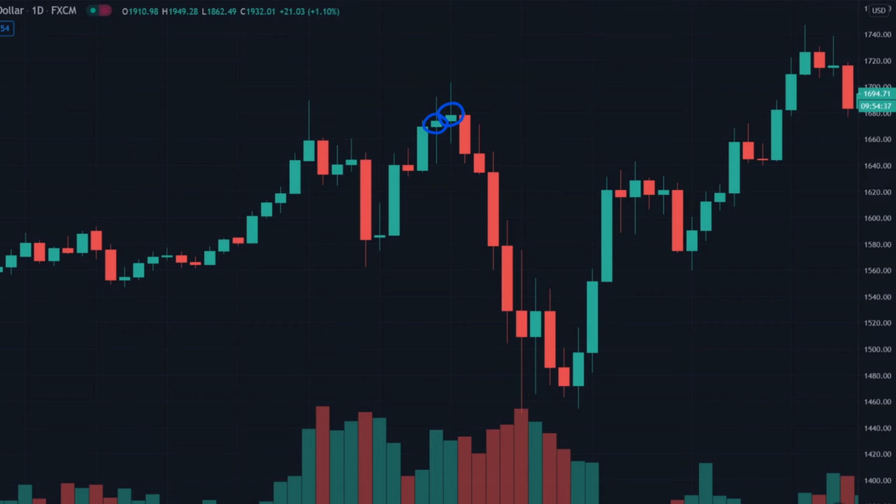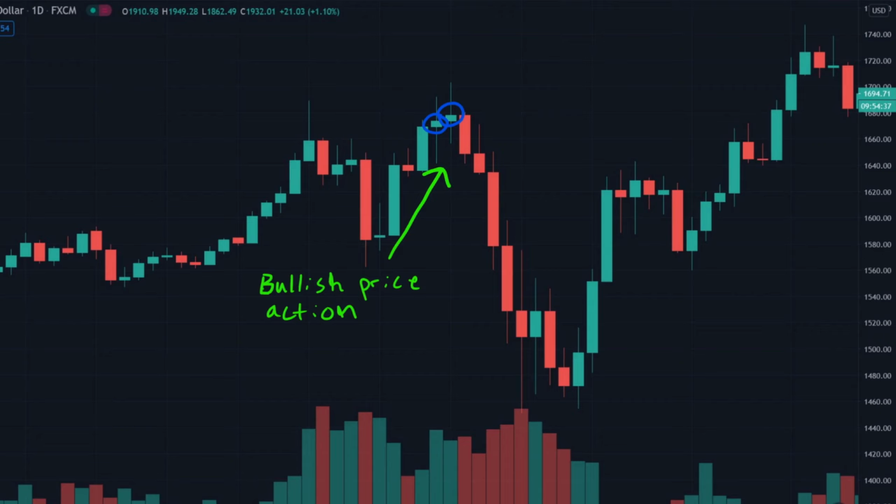Well, before these two spinning tops occurred, we had a small rally here. We had long and strong green candles, which indicates a pretty one-sided price action. When we have price action to the upside, we usually call it bullish. So here we can say that we had a bullish price movement, and then the spinning tops occurred.